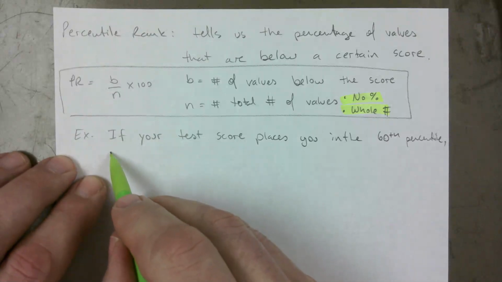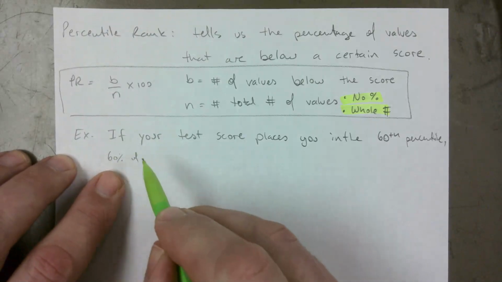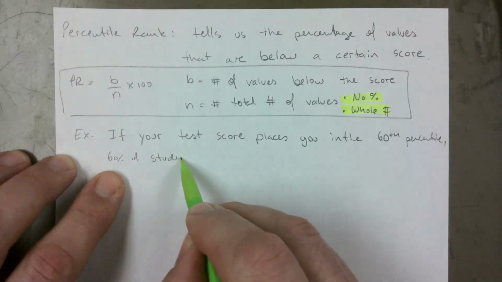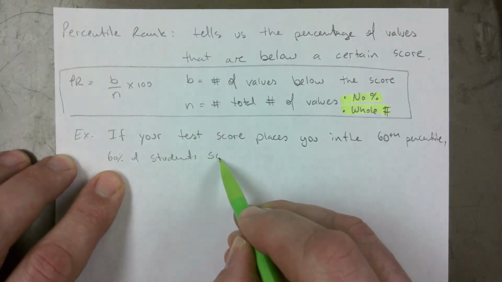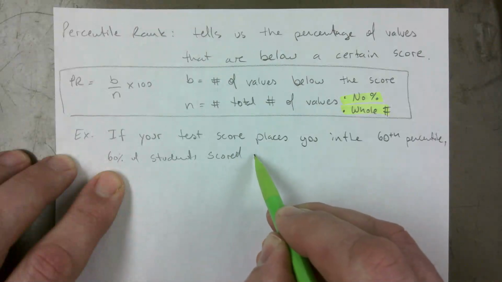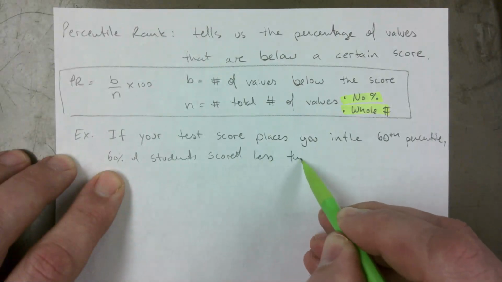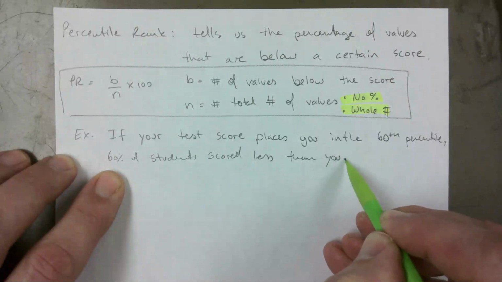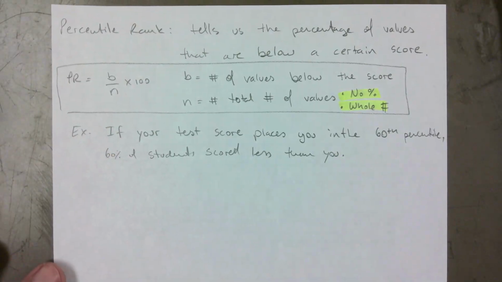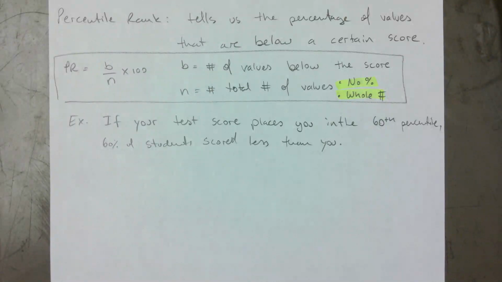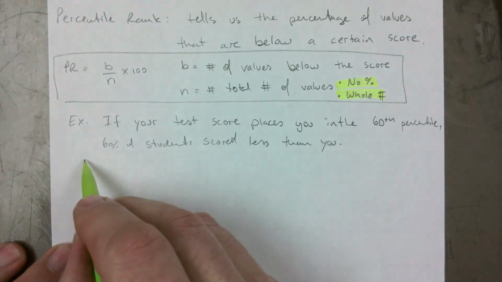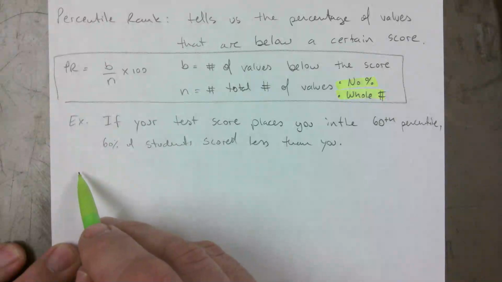It means that 60% of students scored less than you. It doesn't tell you what your actual score is. You could have actually failed, and just a bunch of students also did, just 60%, actually more than half of the class scored below you. So let's do an example here.